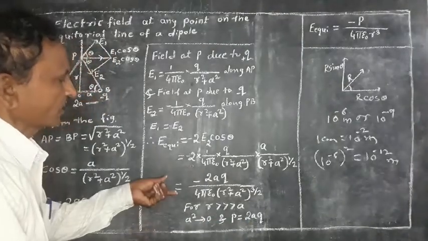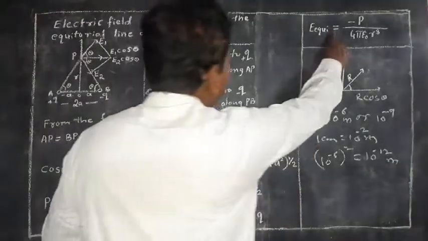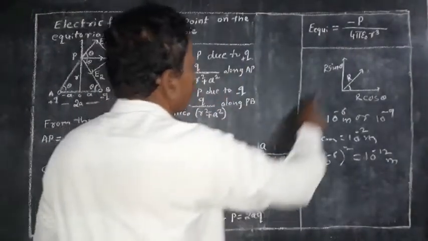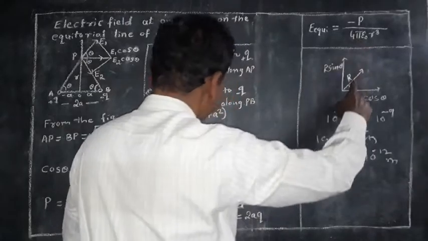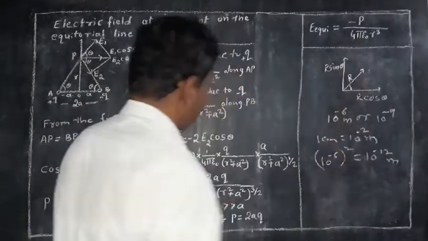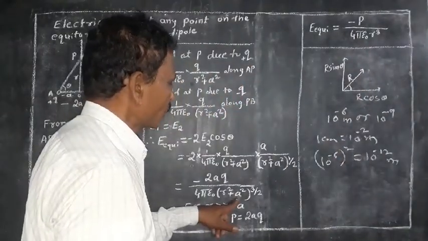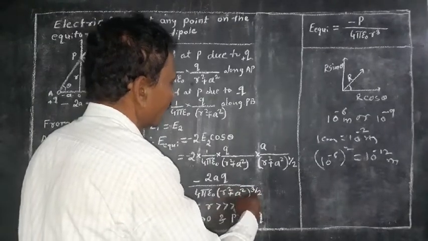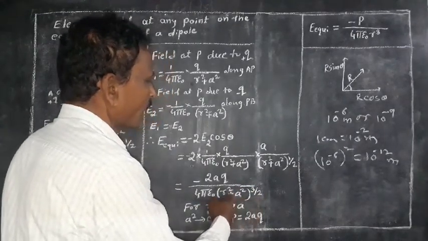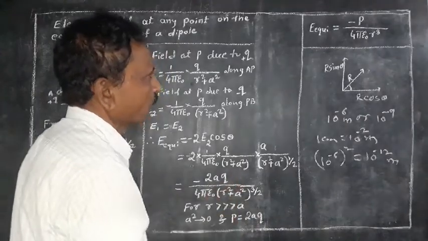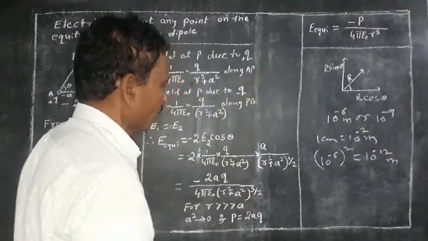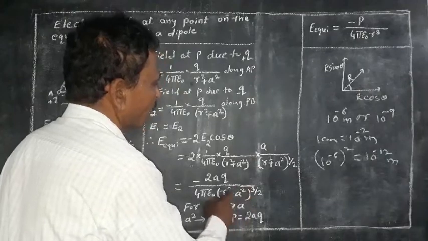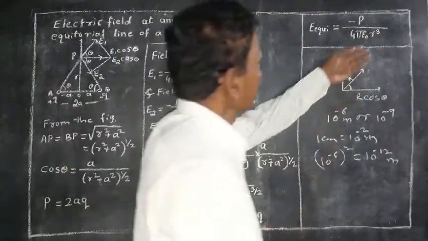Therefore, this expression can be written as minus 2AQ, that is P, upon 4 pi epsilon naught in the bracket, as A tends to 0, A square tends to 0, remaining R square to the power 3 by 2, that is R to the power 6 by 2, that is equal to R cube. Here 2 gets cancelled.